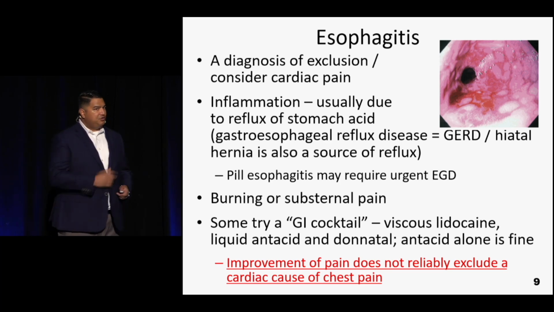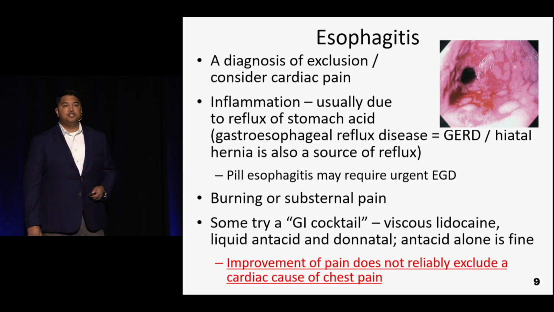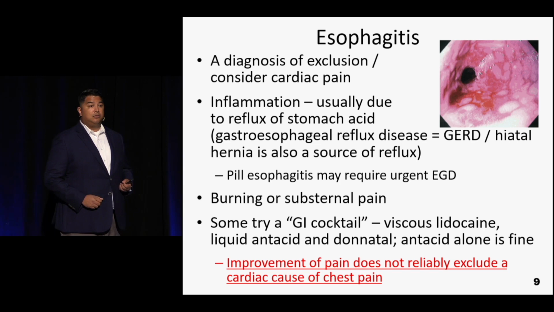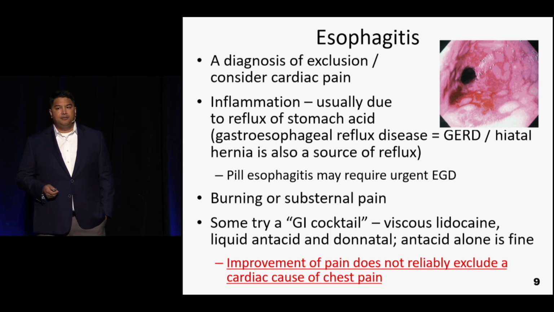If someone comes in with chest pain and you say they have esophagitis, period, and you discharge them, have you excluded all the bad reasons for chest pain? Have you definitively excluded angina, or other things like pneumothorax, whatever else? So be very cautious when using esophagitis.